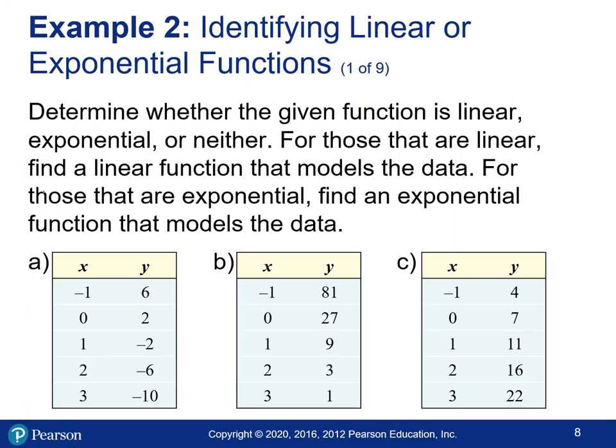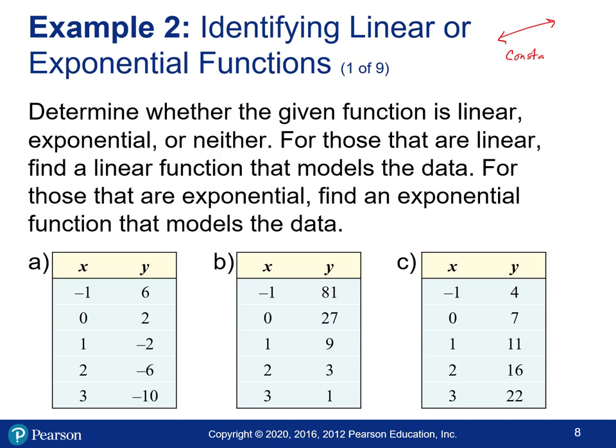Okay, so let's do this example where we're going to identify if our function is a linear function or an exponential function. So quick reminder, linear functions are lines, straight lines when you graph them, okay? And what's also true about linear functions is that they have a constant rate of change.